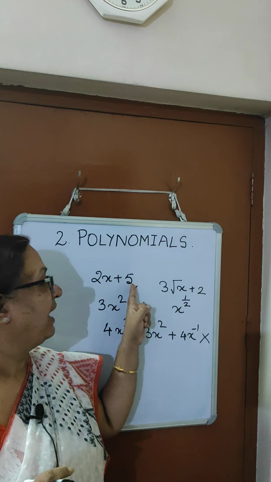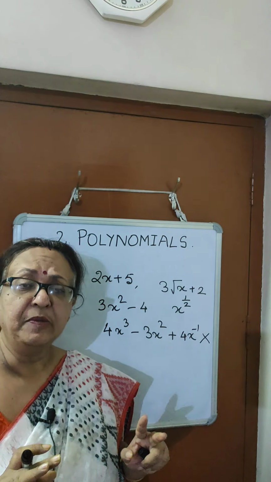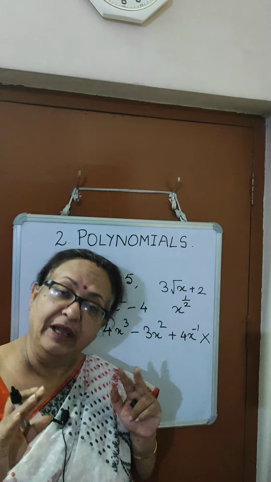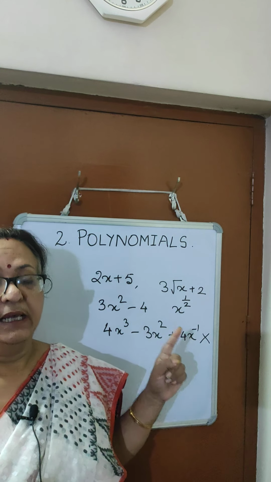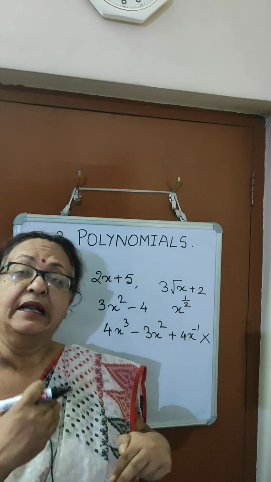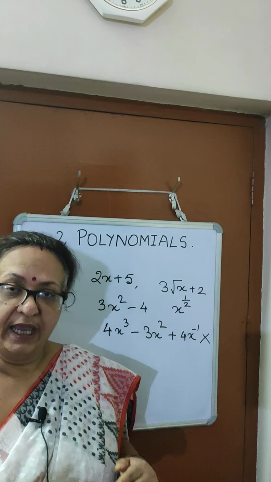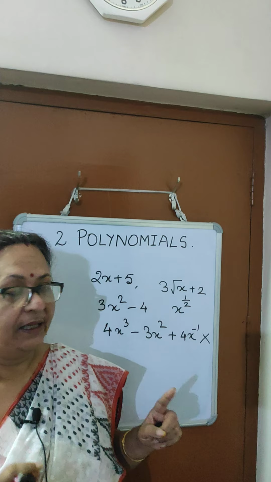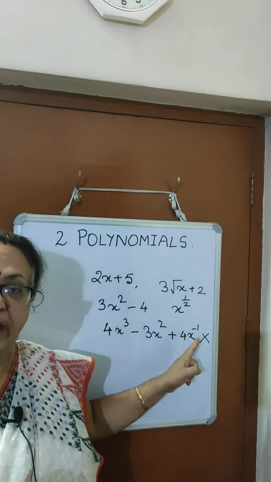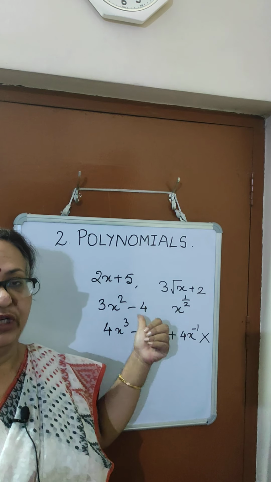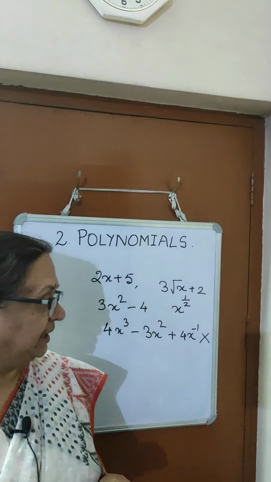For example, this 5 is a constant, means the value of 5 will be 5 always, but x is a variable, that means x can have different values. Okay, so this is constant and variable, and we have seen the power has to be a whole number for an algebraic expression to be a polynomial.